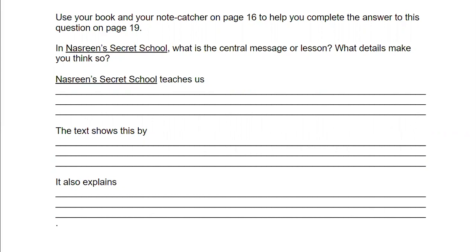Nazreen's Secret School teaches us blank. What does it teach you? What is the central message or lesson? And the text shows this by, that's going to be your details. And again, you can use the text or you can use your note catcher on page 16. And it also explains, you're going to give your examples and details. That's what we're going for.